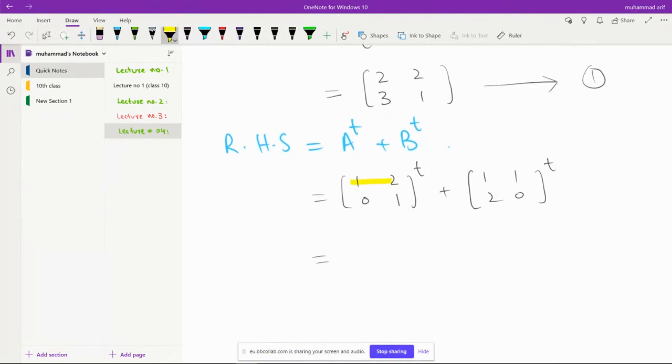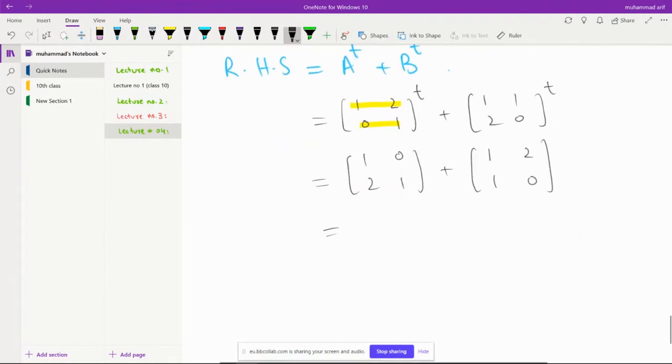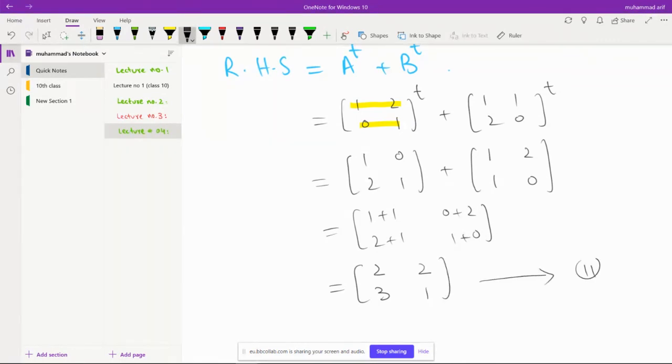In transpose rows are converted into columns. It becomes 1 2 0 1. Now taking transpose of B, 1 1 2 0. After solving, 1 is added in 1, 0 is added in 2, 2 is added in 1, 1 is added in 0. Simplify it, it becomes 2 3 2 1. We call this equation number 2.